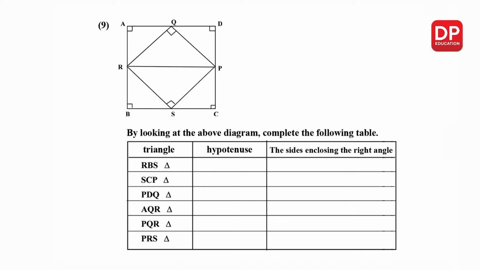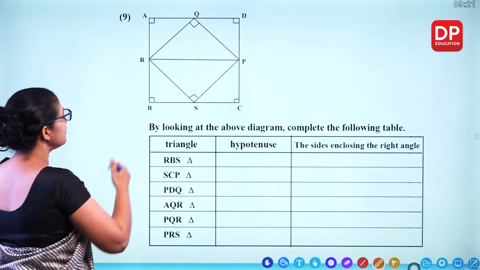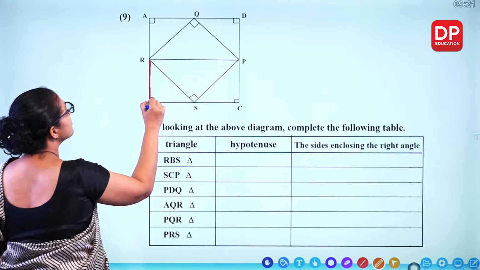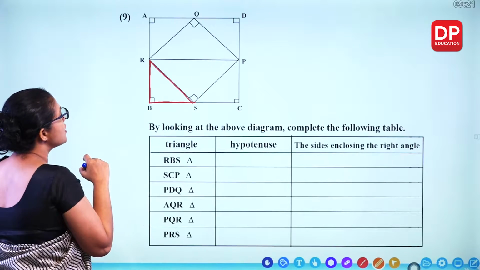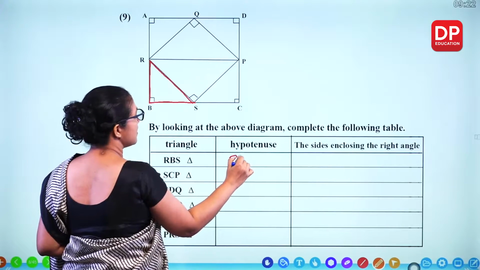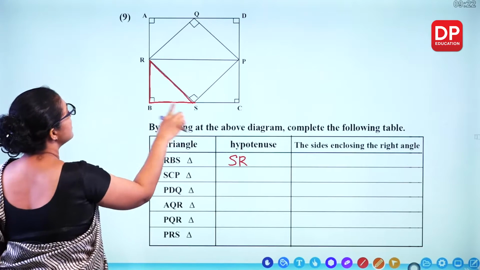Question number 9. By looking at the above diagram, complete the following table. RBS. This one. Hypotenuse is SR. What are the sides enclosing the right angle?